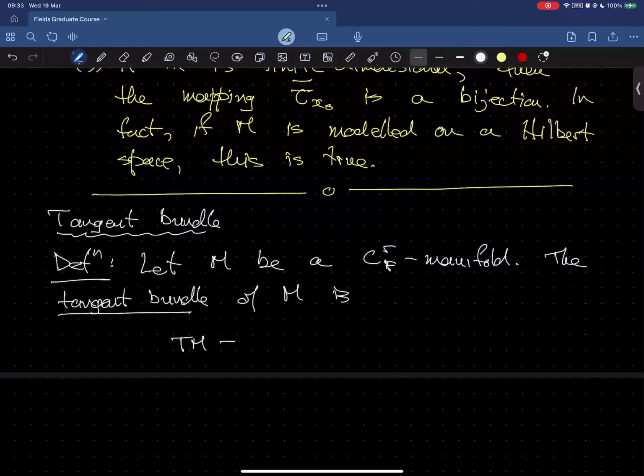Okay, so this is the disjoint union of all the tangent spaces.